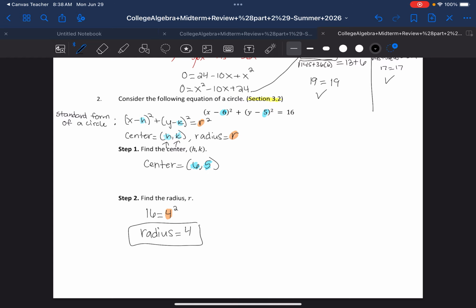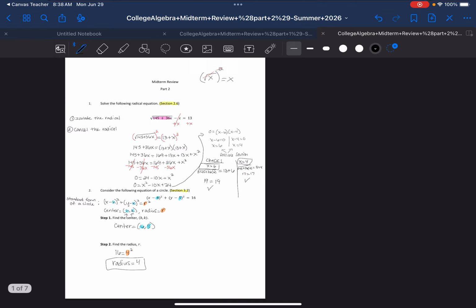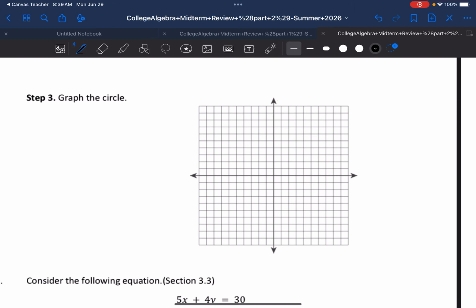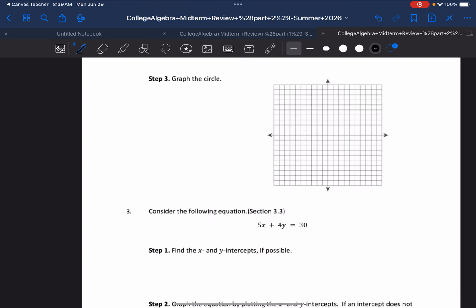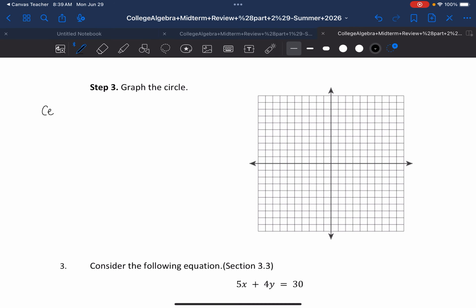So now we are going to graph this. The center was 6, 5, and the radius is 4.